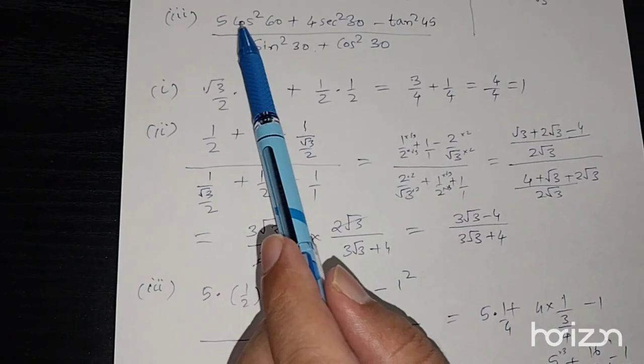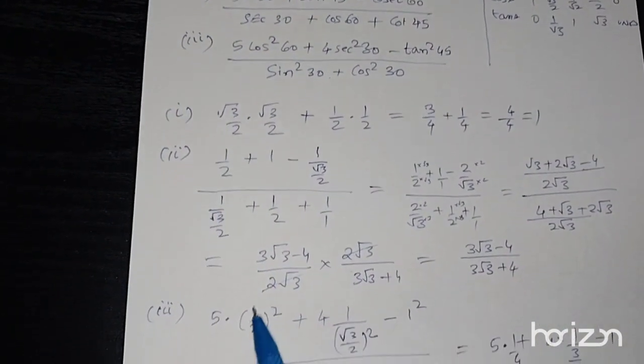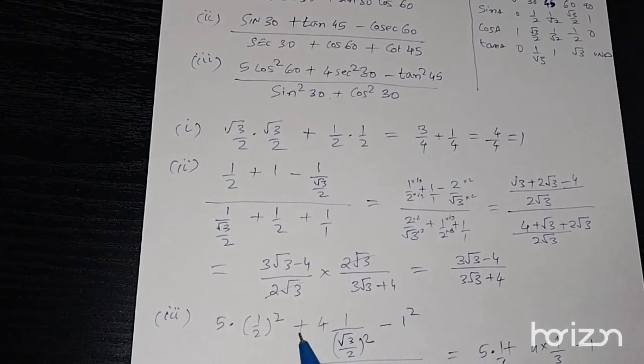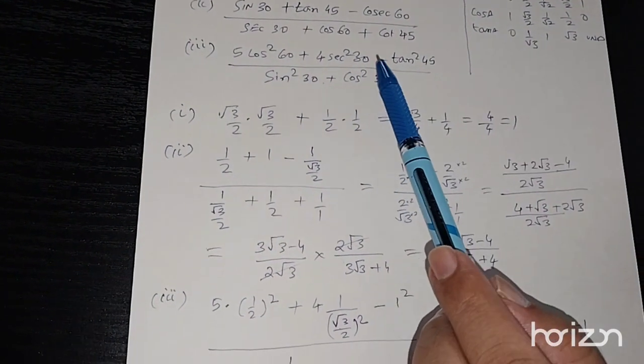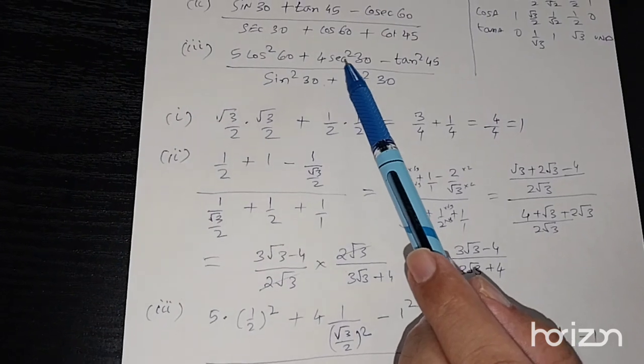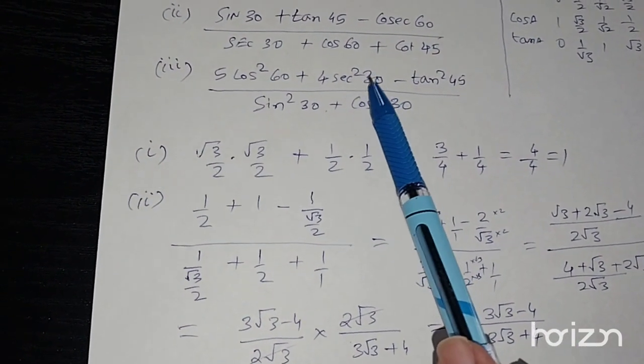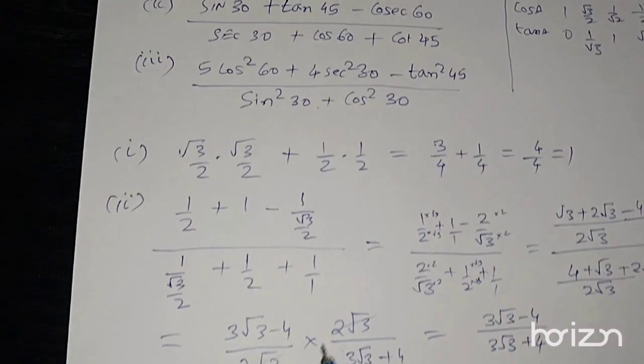For this problem we have substituted 5 as is, cos of 60 is half, so half squared we have substituted here. 4 secant squared 30: though we don't know the secant, we know that secant squared is 1 by cos squared, and 1 by cos squared of 30 we can substitute like this.